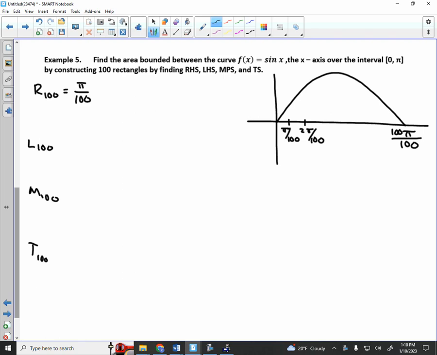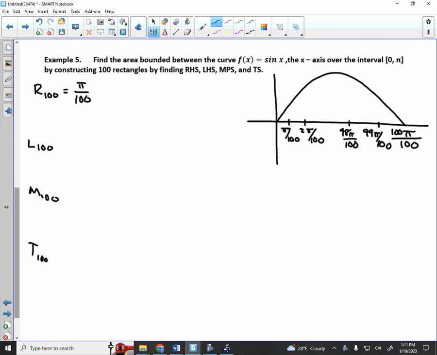Agreed? So what would be the spot before it? 99 pi over 100, and the spot before that, 98 pi over 100. So that's enough information to give me an idea of where my first and last rectangles are. We've got enough of a setup here. We know the first, we know the last.